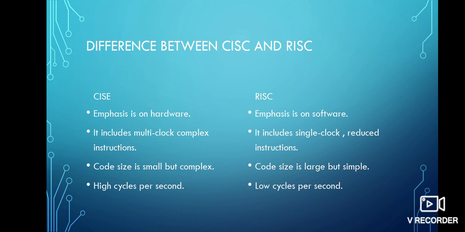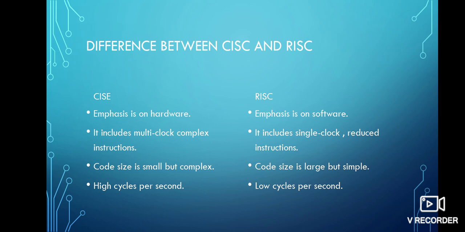These are the differences between CISC and RISC. CISC emphasizes hardware; RISC emphasizes software. CISC includes multi-clock complex instructions; RISC includes single clock reduced instructions. In CISC, code size is small but instructions are complex.